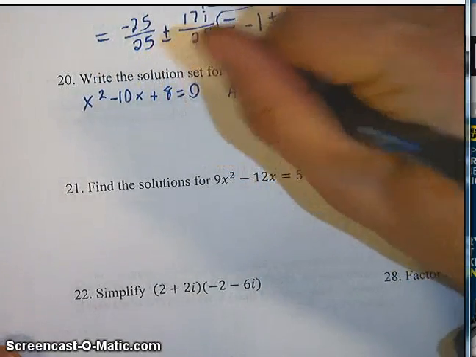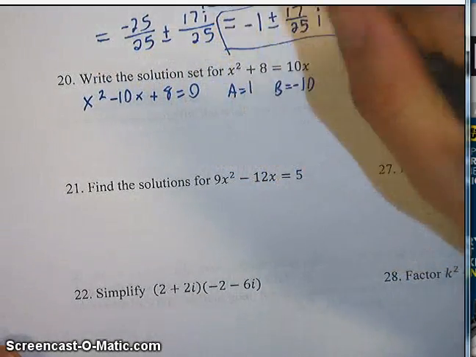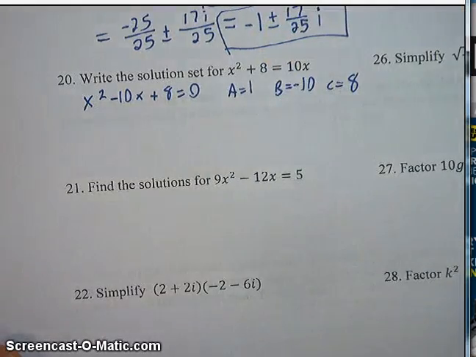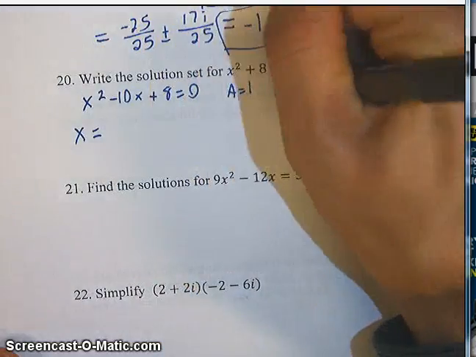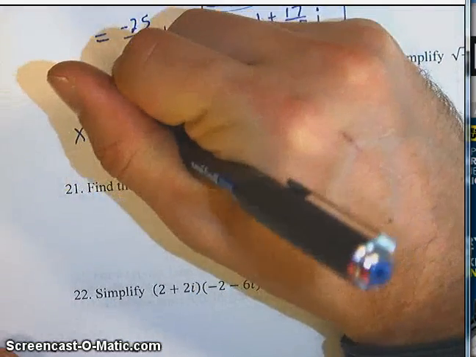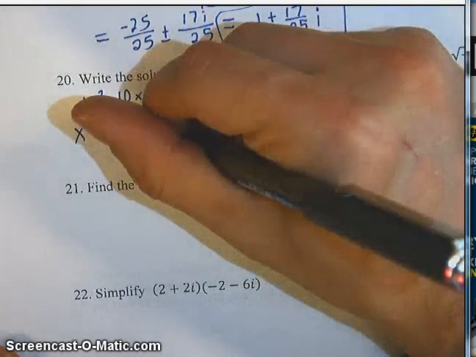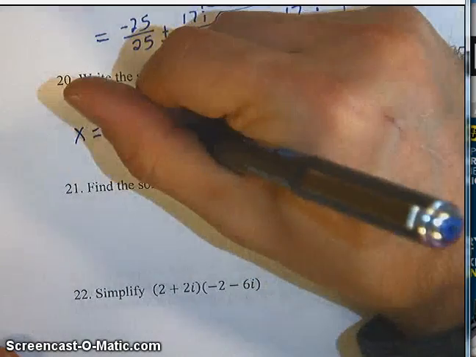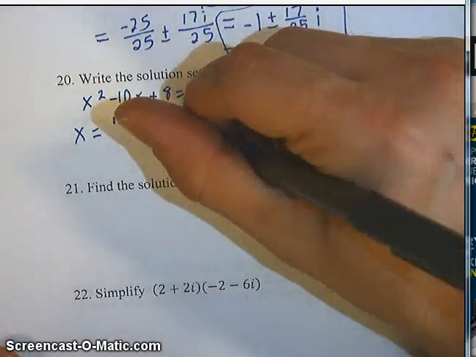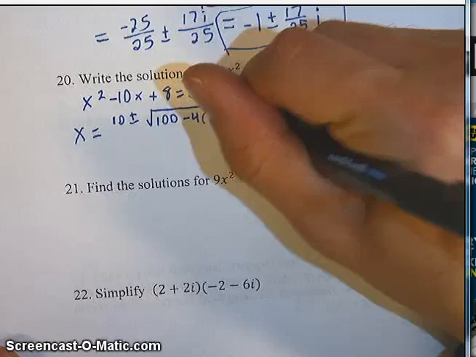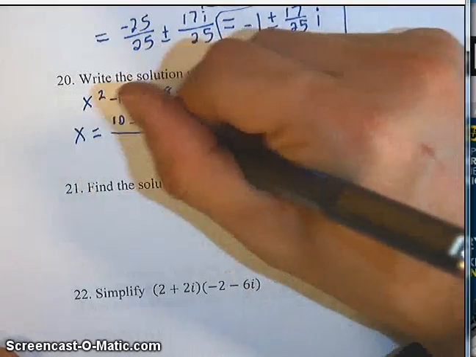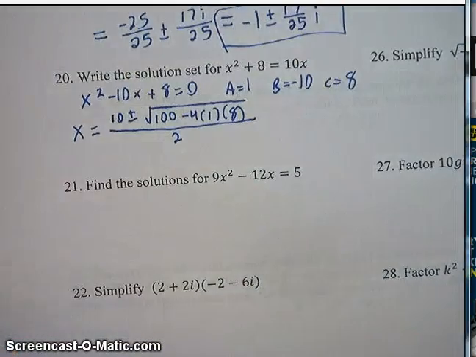So my a equals 1, my b equals -10, and my c equals 8. So when I plug this into the quadratic formula, I'm going to get x equals -b, which is +10, plus and minus the square root of b squared, which is 100, minus 4 times a times c, all over 2a, which is just 2.